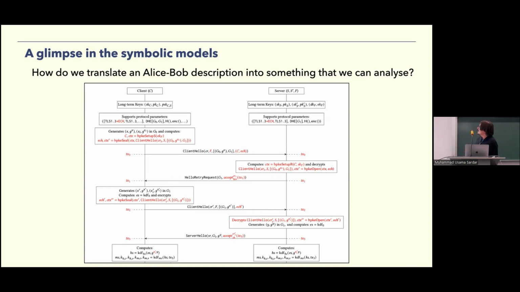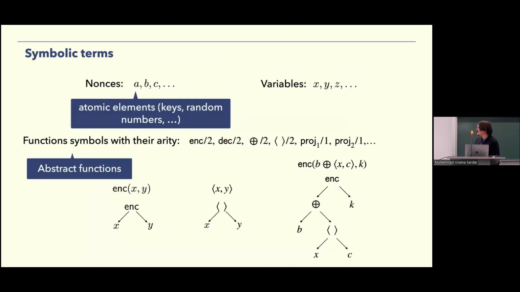Okay, but first, I told you that we had this notion of term and function symbol. What do I mean by this? So in the symbolic models, we abstract a lot of things. One of the first things that we abstract is the generation of random numbers and, for instance, keys.